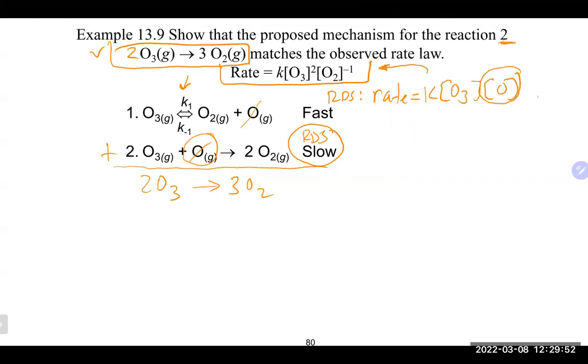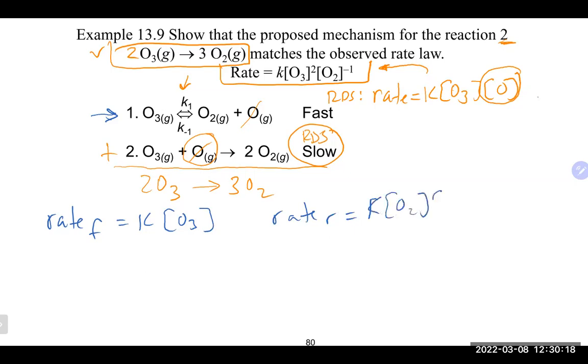To do that, we're going to go to step number 1 to find the way to substitute out that O. This again is a reversible reaction, which means we can write 2 rate laws for this. The rate for the forward direction would be k times O3. The rate for the reverse direction would be k times O2 and O in this case.